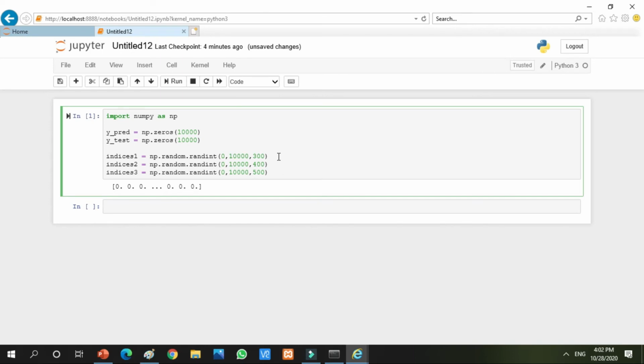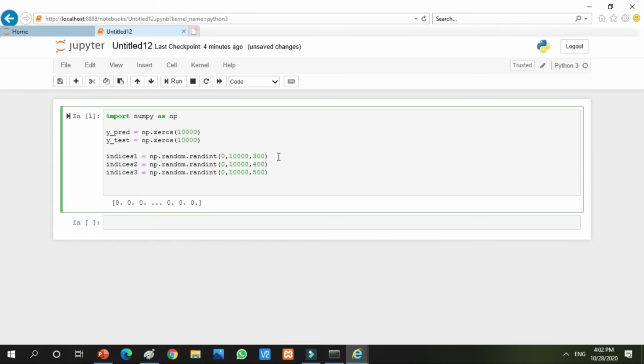And now I am doing the very important thing. As you already know, indices 1 consists of 300 values from 0 to 10,000. The variable indices 2 consists of 400 values. The variable indices 3 consists of 500 values.